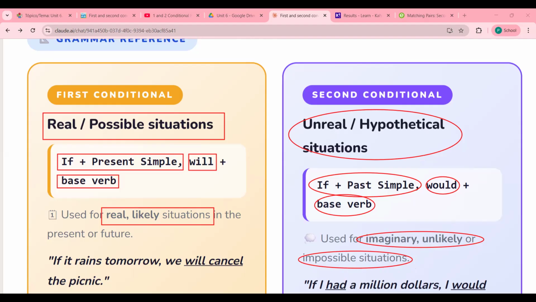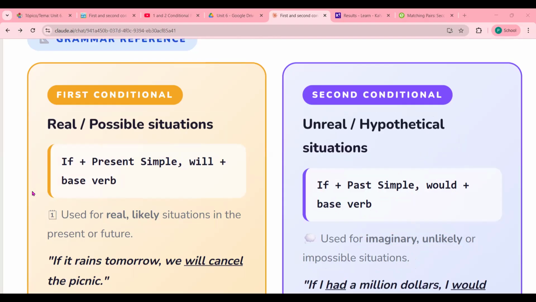So, dear participants, do you have any comments or any questions? No, teacher. Okay. I have a question. Tell me.